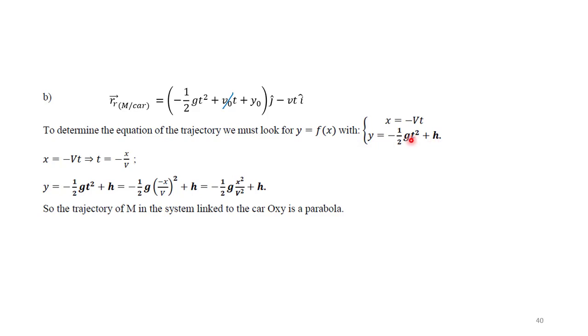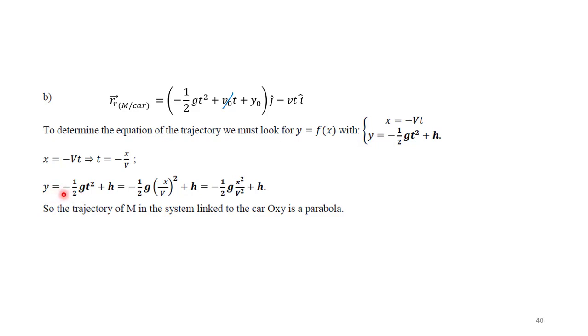So we need to get rid of this t. We can find the expression of t from the first expression as a function of x. So t is equal to minus x over v.